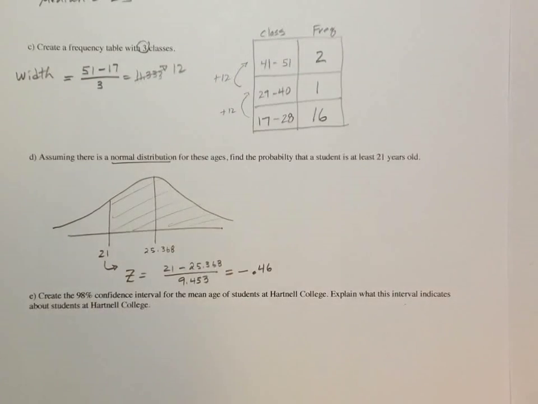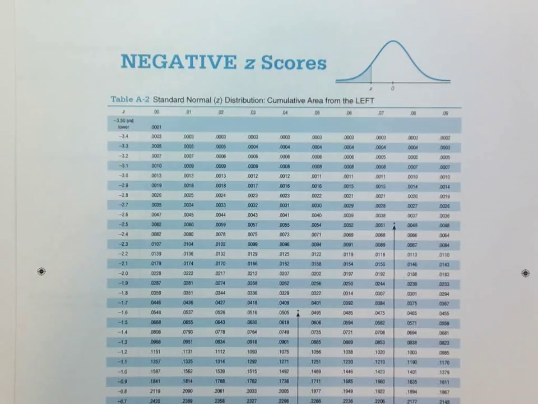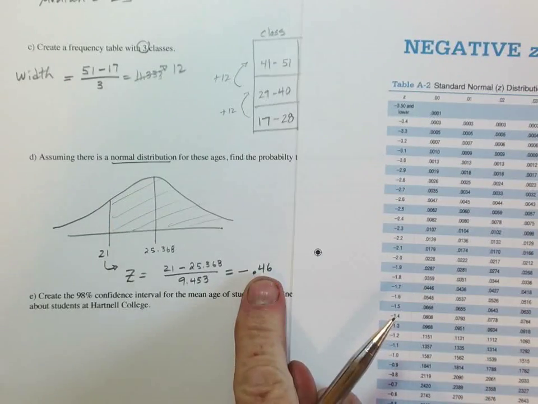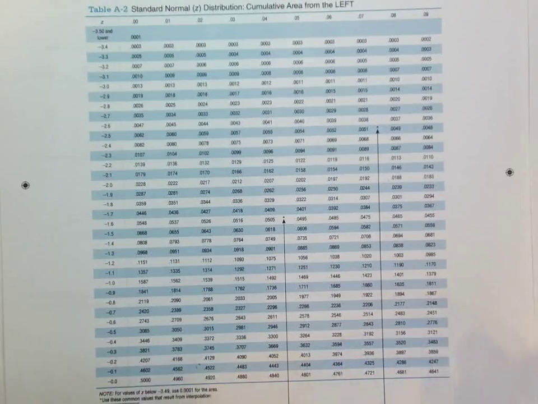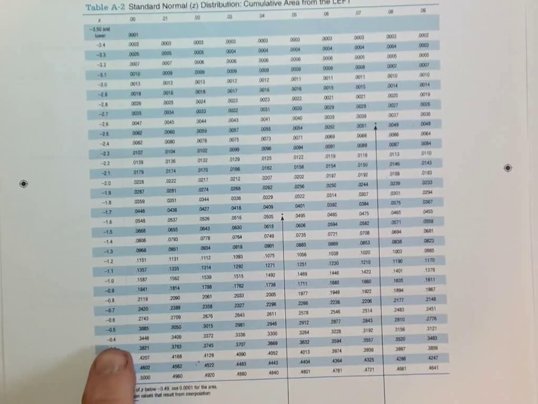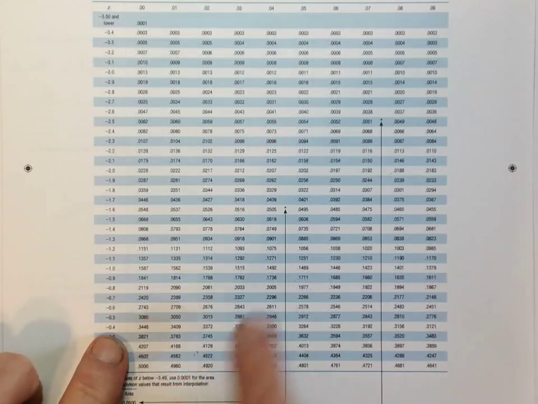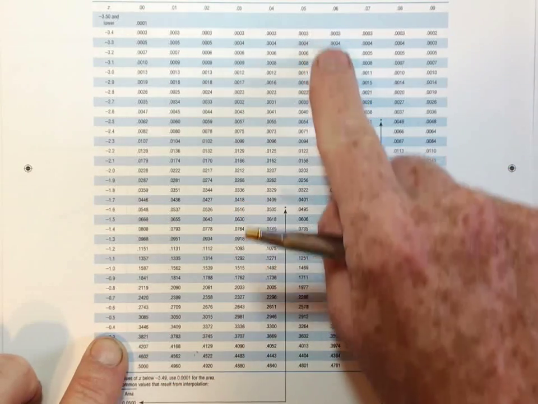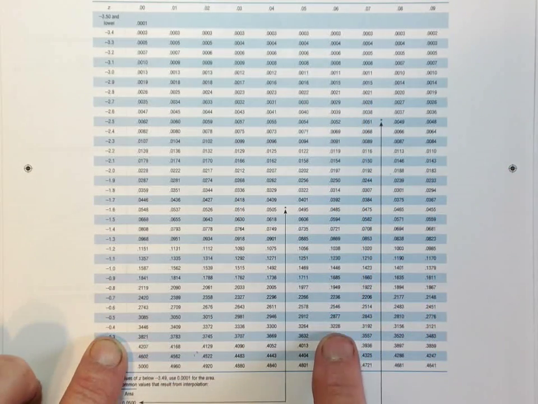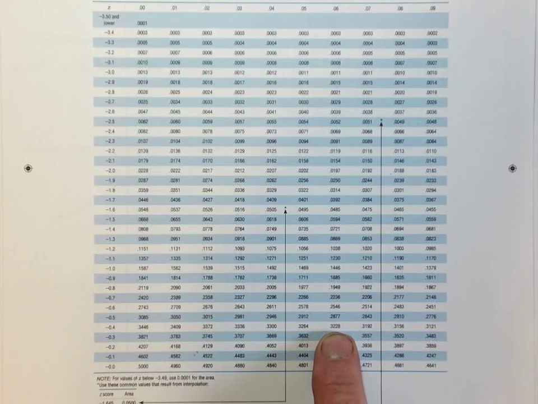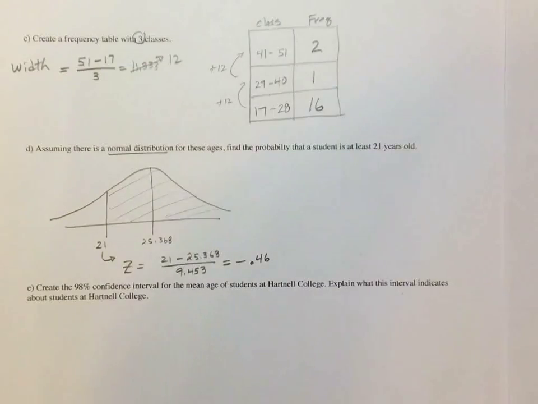And then I need to use table 8.2. So this is back in chapter 6. So now looking up a negative 0.46. So negative 0.4 would be right here. The column for 6 would be right here. So that is right here, which says 0.3228.